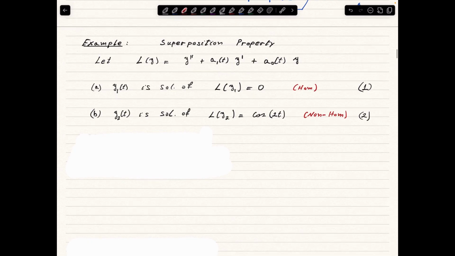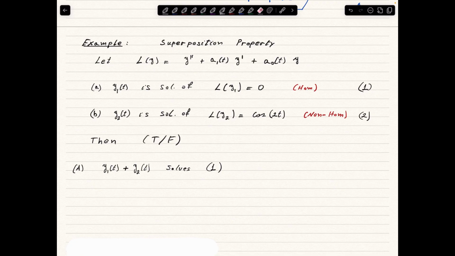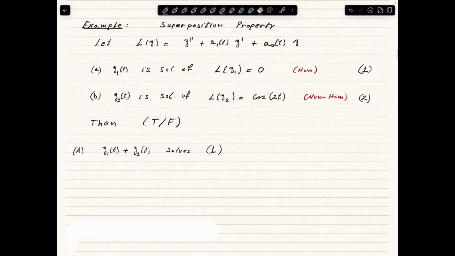Okay, so now let's solve some true or false statements. For example, what happens with the addition of y1 and y2? I'm claiming here that y1 plus y2 solves equation 1. Is that true?